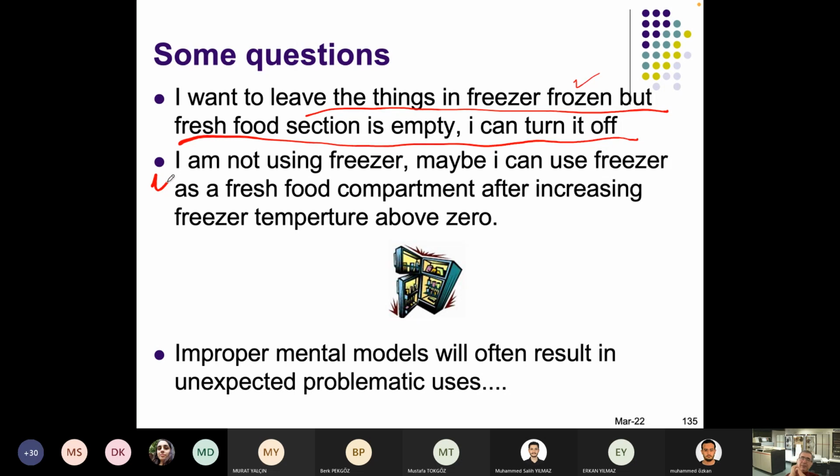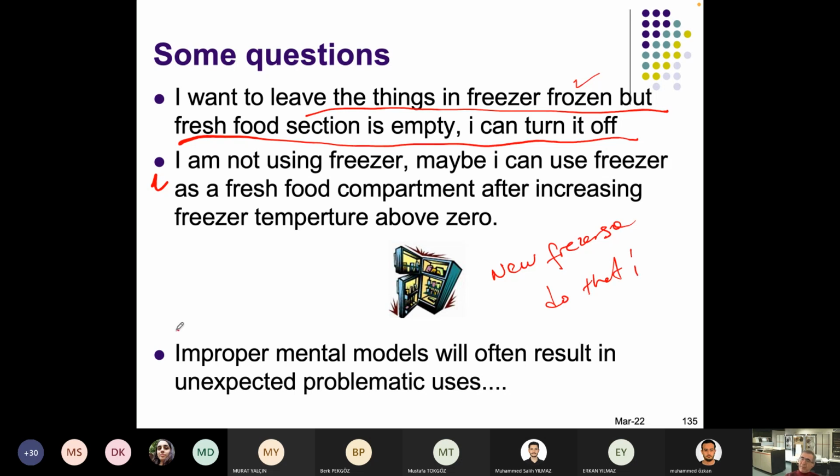But in many refrigerators, the answer is no. However, new technology, new refrigerators, new freezers do that. So there are some brands of equipment that allows the freezer part to be used as a regular refrigerator. If you don't need freezer, you can switch that to regular refrigerator.